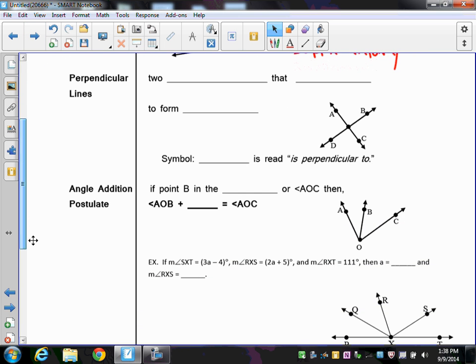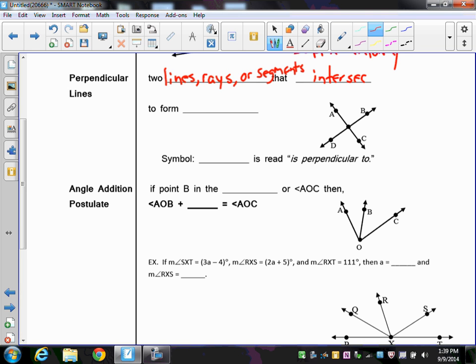We have perpendicular lines. They are two lines, rays, or segments that intersect to form right angles. So remember, right angles are 90 degrees. The symbol is this upside down T. It's read "perpendicular to."